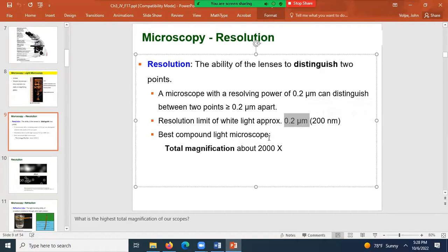The best compound light microscope we can make has a total magnification of 2,000 times. Even if you were to get a more powerful lens, it would not be able to magnify greater than 2,000 times because of the limit of white light. Any question about any of that?